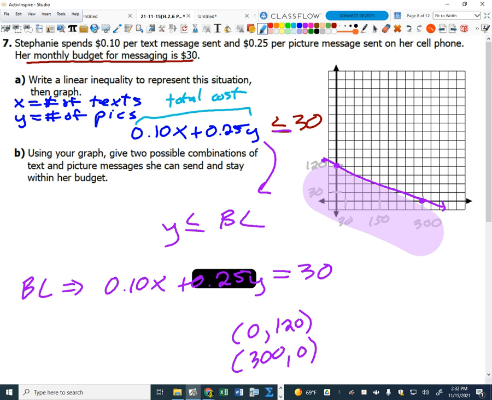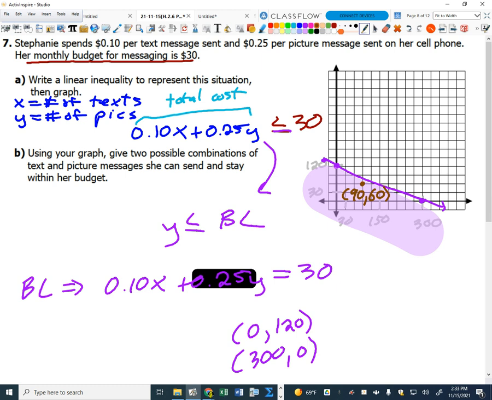So for example, if I take this ordered pair right here where I go over 90 and up to 60, I'm at this point right there that has coordinates 90, 60. So 90 text messages and 60 pictures would be fine, because that's inside the solution set.